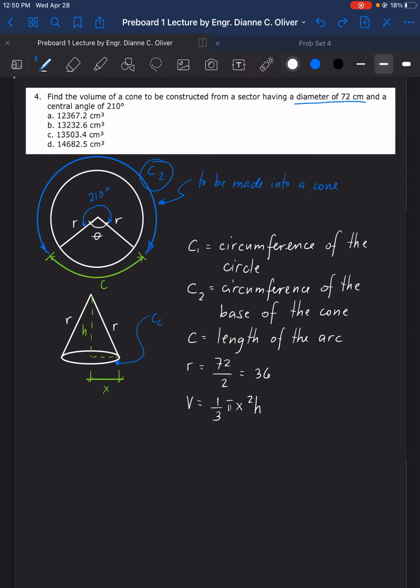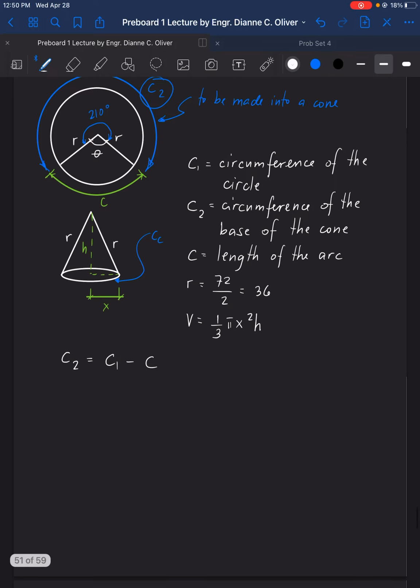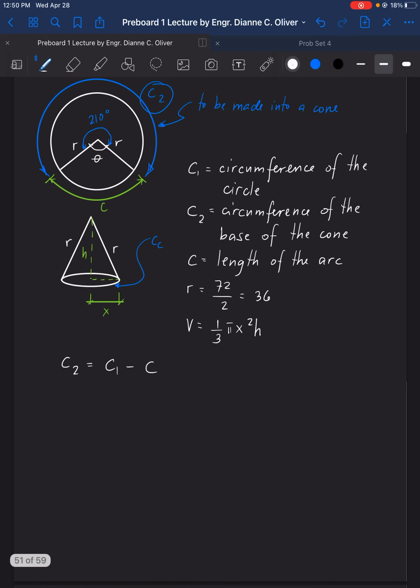Okay, so let's do some comparison. Let's put here C2, the circumference of the base of the cone, is equal to C1, the circumference of the whole circle, minus C, the length of the arc. So let's find the formula for C2.